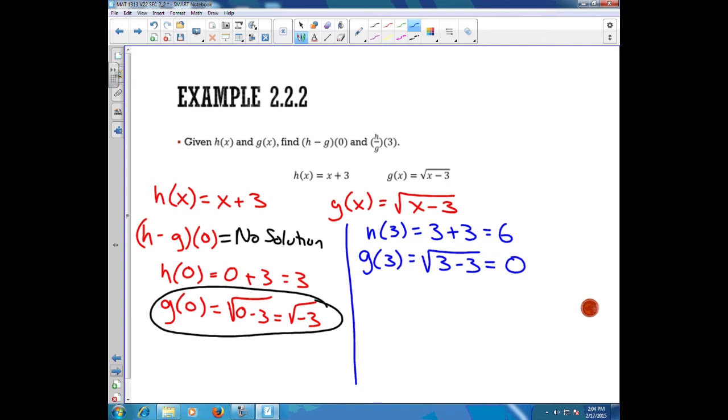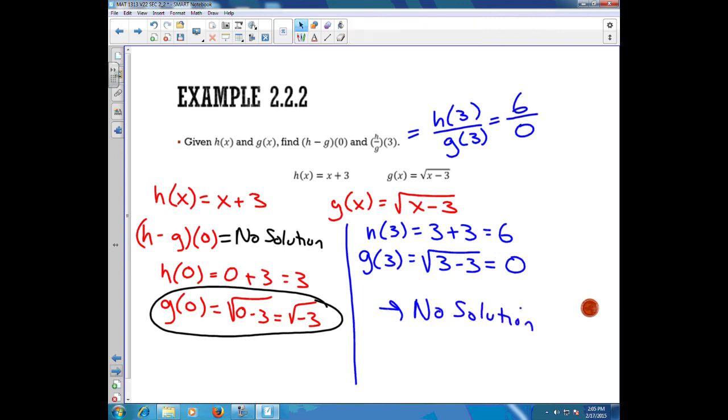Now, h of 3 divided by g of 3 is going to be 6 divided by 0. And now we can't divide by 0. So once again, no solution.